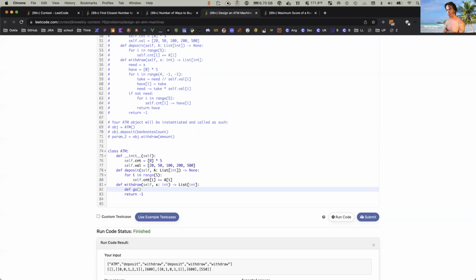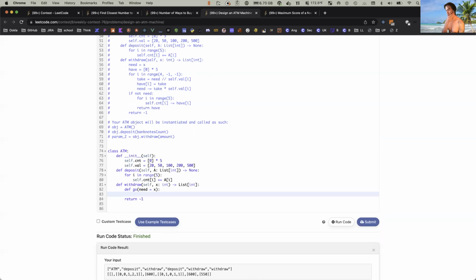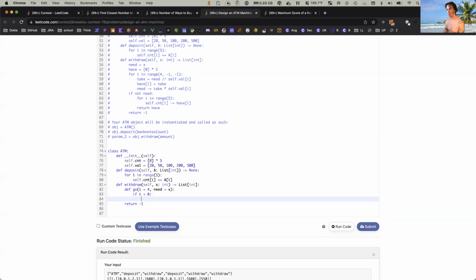So we'll recursively do the backtracking. Need equals X, and then the item that we're at, I equals 4. If I is less than 0, then return.